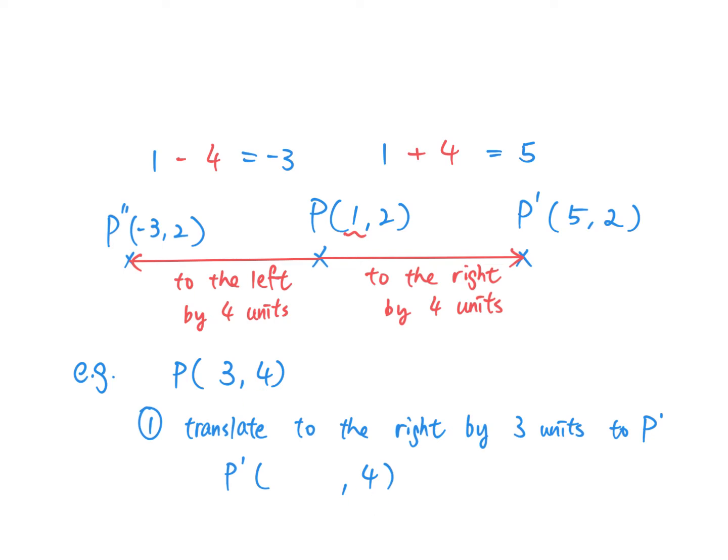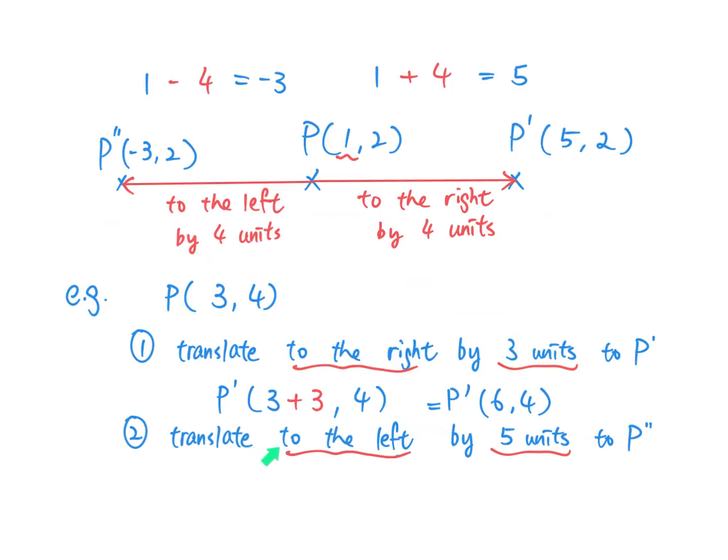However, the starting point is 3. Now it is to the right by 3 units. That means an addition of 3. So at the end, if we want to write the resulting coordinates of P prime, it will be (6, 4). Don't forget to show the steps as well.